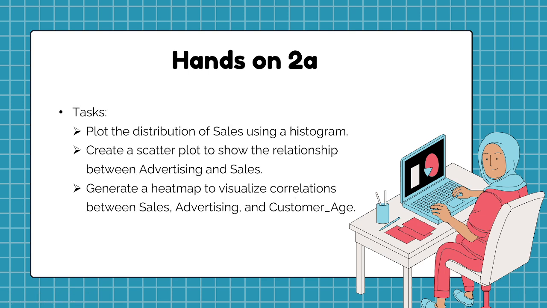This is the specific task for this hands-on 2A. First, we want to see the distribution of the sales using a histogram. Then we will use a scatter plot to find out the relationship between the variables, and then we will try other visualizations.